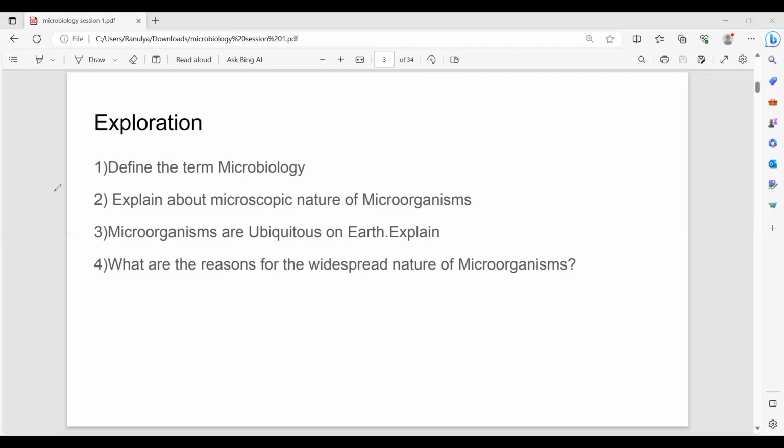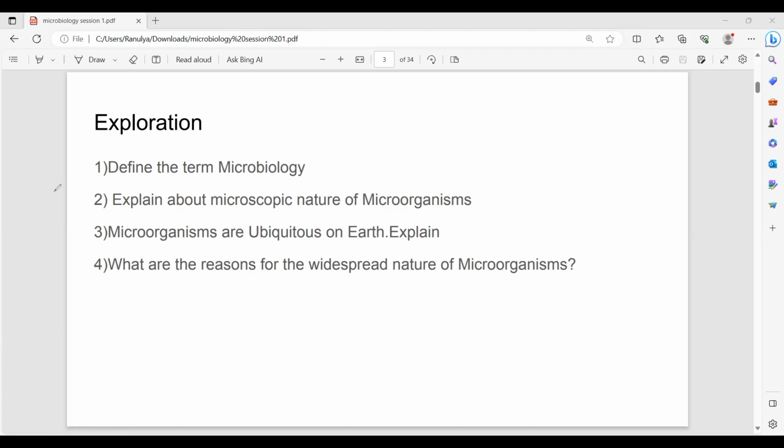Third point, some of them do photosynthesis. Fourth point, and are primary producers in aquatic environment. Fifth one, soil microorganisms. Sixth point, help recycling of chemical elements between soil, water, air, and living organisms.